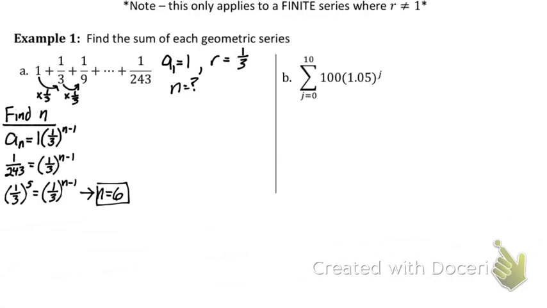I said we only need three things for the formula: our first term, our ratio, and our number of terms. So all we have to do is plug that information in. Now I'm actually doing the work.